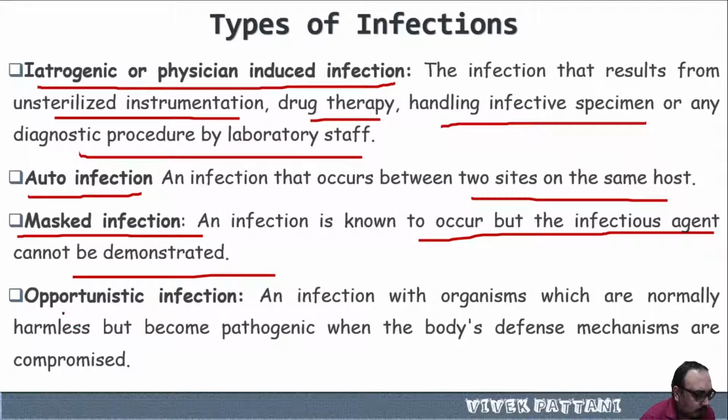Next comes the opportunistic infection, an infection with organisms which are normally harmless but become pathogenic when the body's defense mechanisms are compromised. It is similar to an opportunistic pathogen, but here the word used is infection.